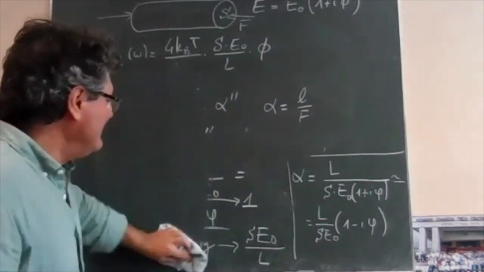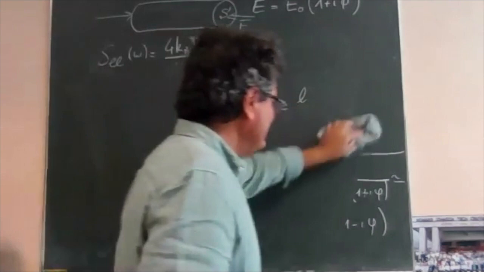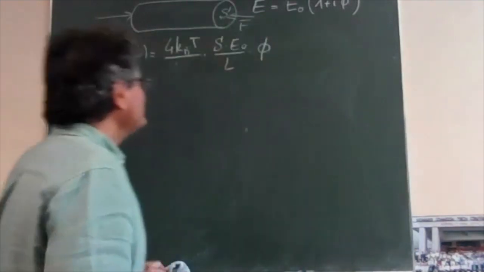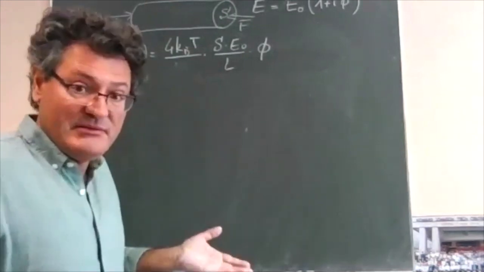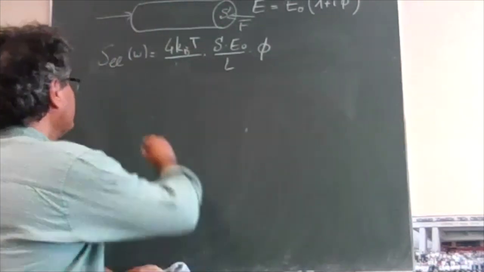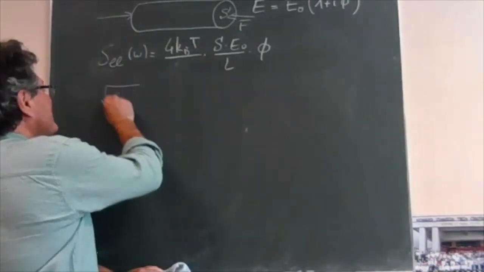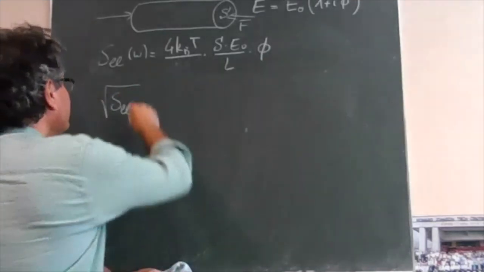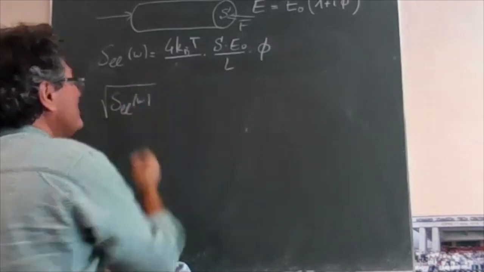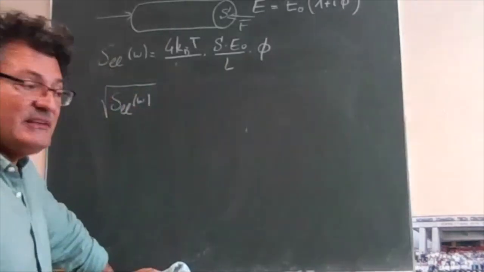And it's nice to see that this corresponds exactly to the thermal noise of a mirror, because we take the square root of it, okay? So we call it what is called the amplitude spectral density.